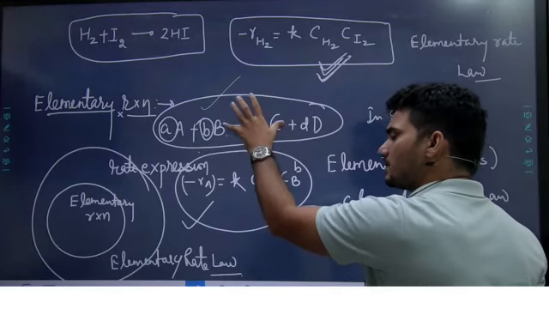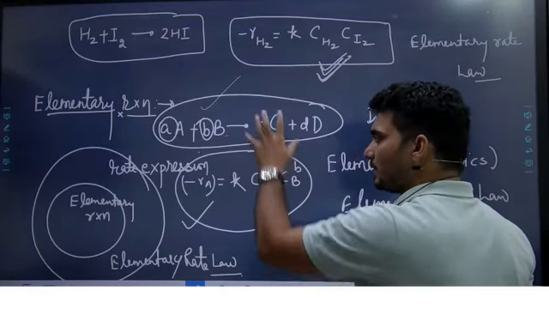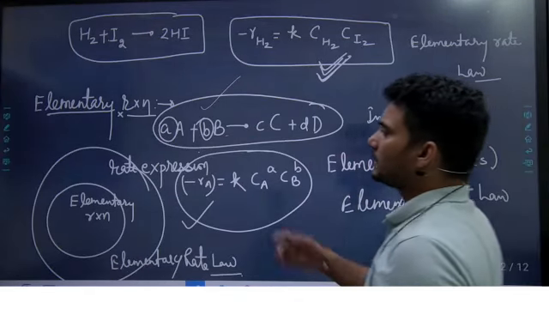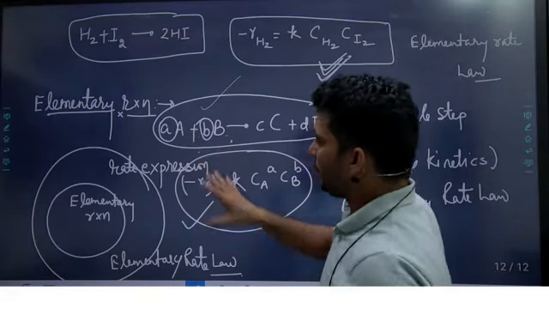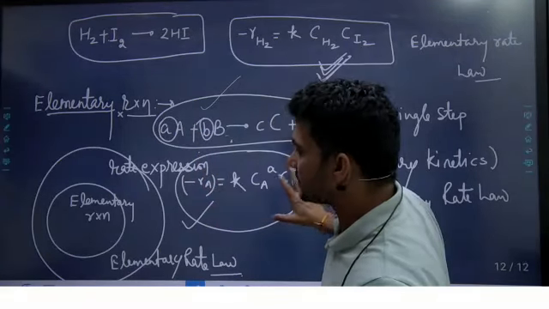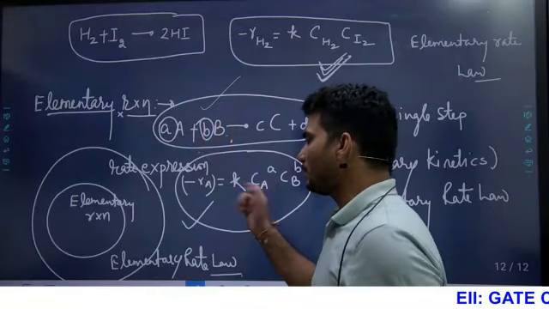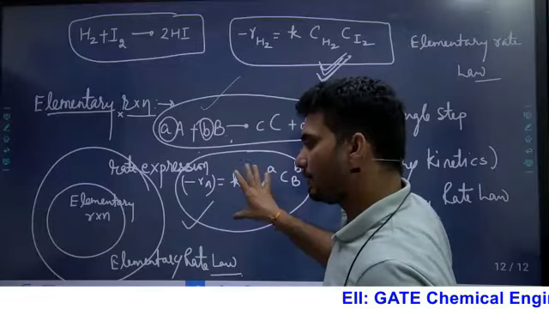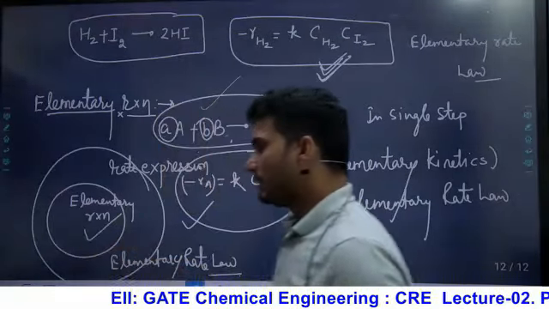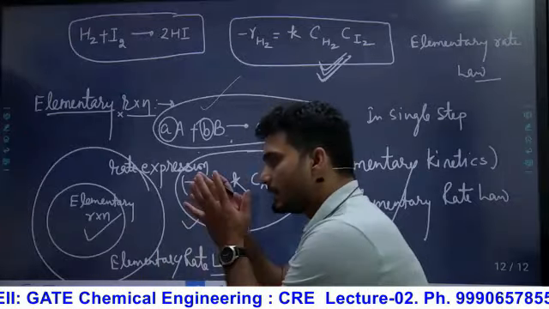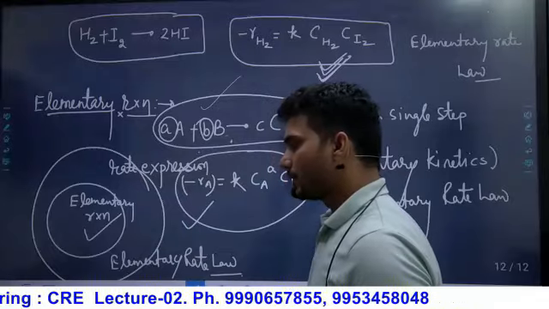I find that this reaction is completing in a single step, so I say it is the elementary reaction. Now if I erase this rate expression, and this reaction is an elementary reaction, then I can write that this will be the rate law. So if a reaction is elementary, its rate law will be the elementary rate law.